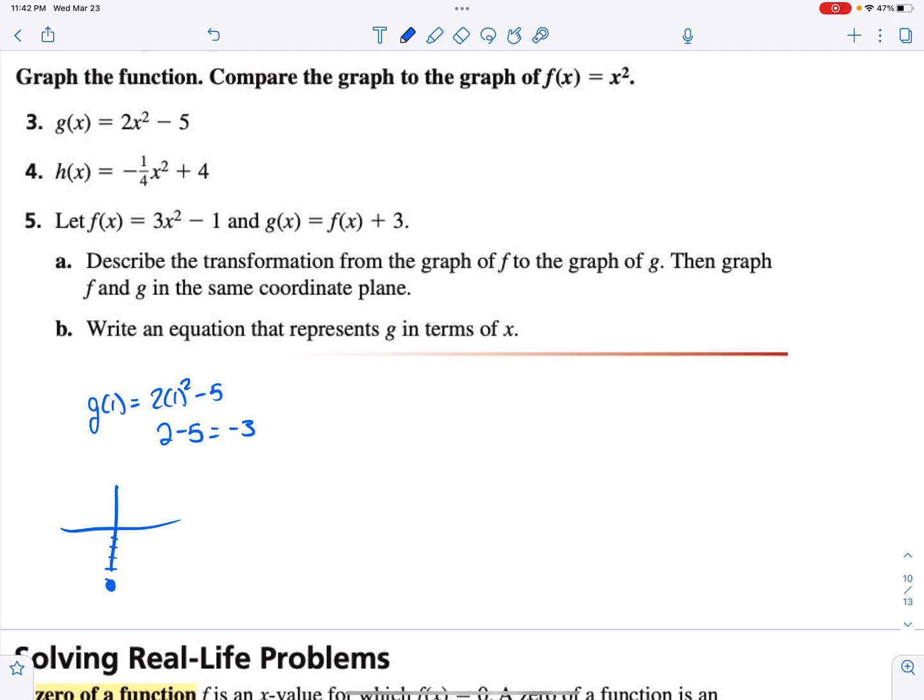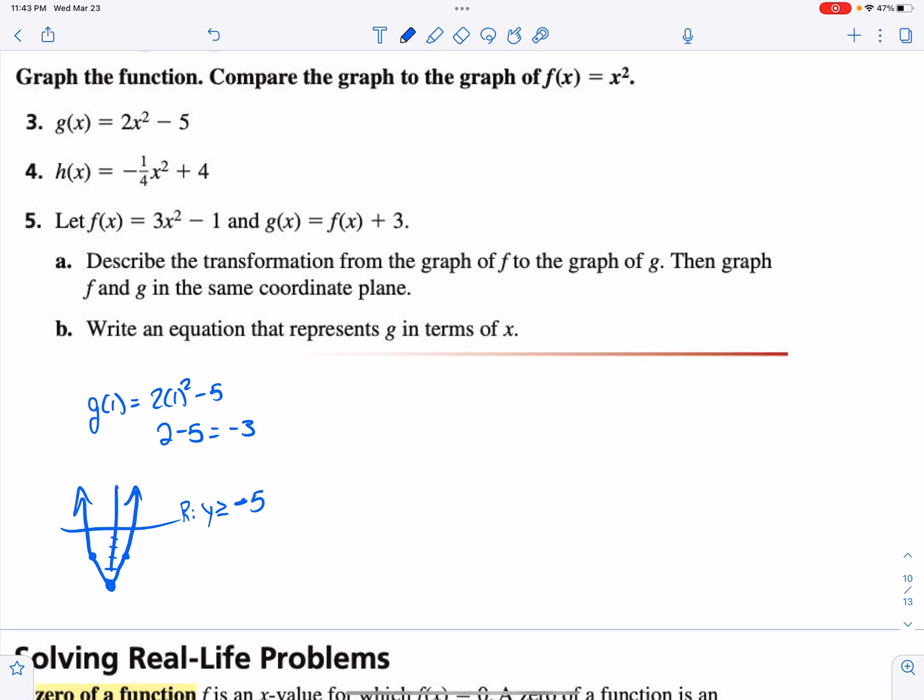So I'm clear down here, and then at 1, I'm down at negative 3, and then I can plot the reflection. So my rough sketch of my graph should kind of look like this. My domain is all reals. My range is going to be y is greater than or equal to negative 5.